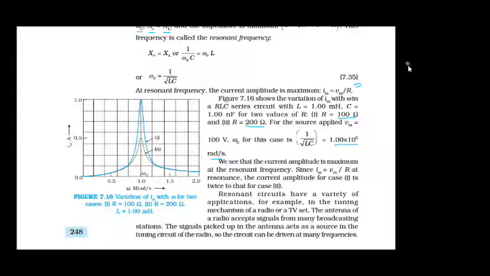The formula is Im is equal to Vm by R. Vm is constant, so Im will depend upon the value of R. In the first case, Im is Vm upon 100, and in the second case, Im is Vm upon 200.